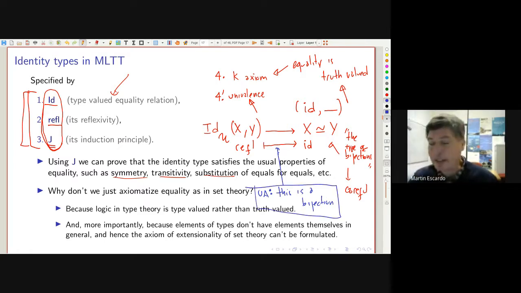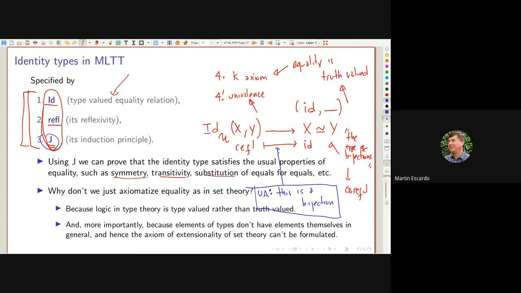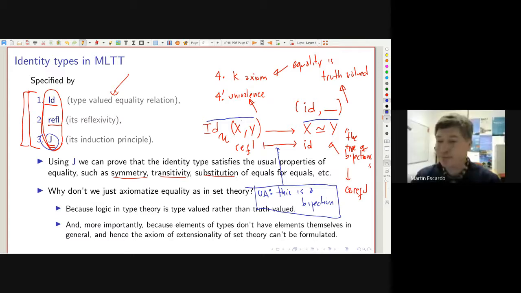So when I said canonical map before, the canonical map is actually this map given by J. So this is the map given by the recursion principle. So the univalence axiom says that the identifications are in one-to-one correspondence with the bijections. So for each bijection, there is a unique identification in the identity type corresponding to it.